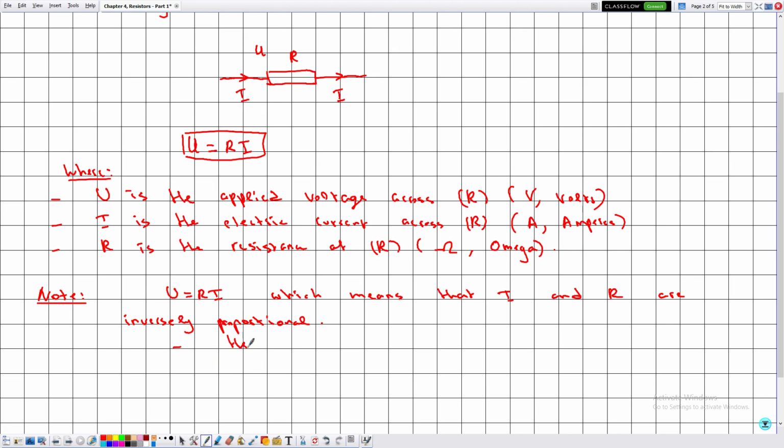Then when R increases, the value of I decreases, for the same applied voltage U.